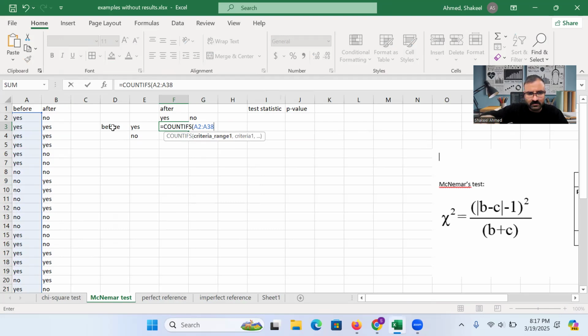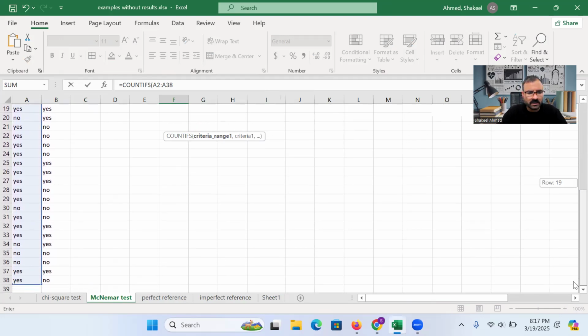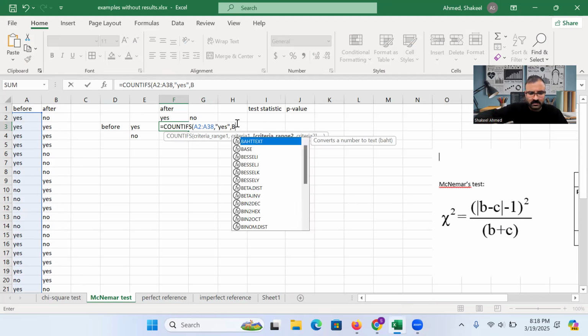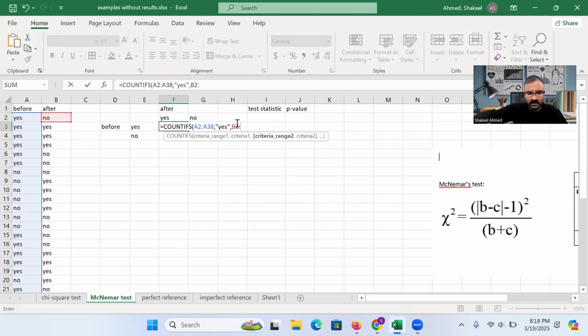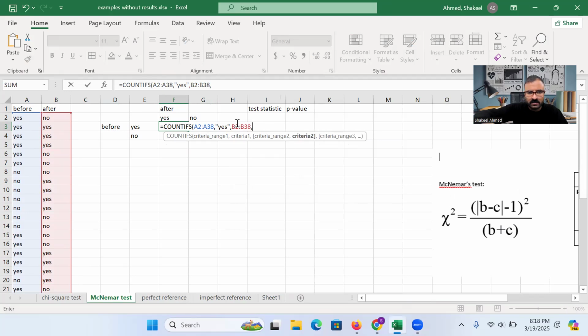You can see there are 38 observations. The criteria is yes for before, and the criteria for after, we again need B2 to B38, and the criteria is again yes.